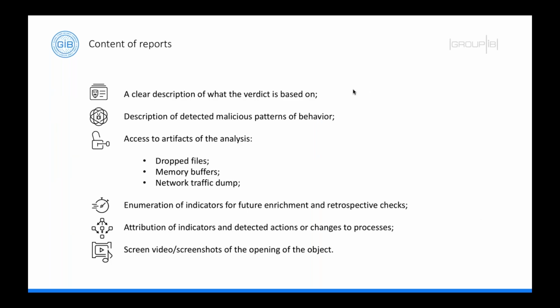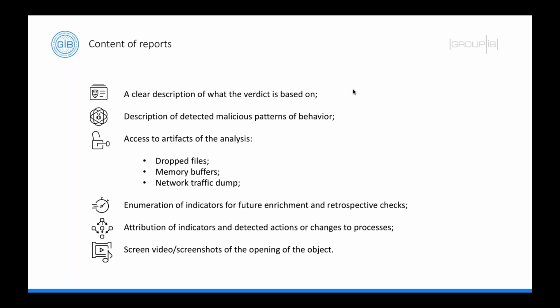So, going to the layer describing the content of reports, and by reports I mean behavior reports that describe the malicious behavior of the analyzed object with a malicious verdict. What you could check and try to notice within different vendors' reports.